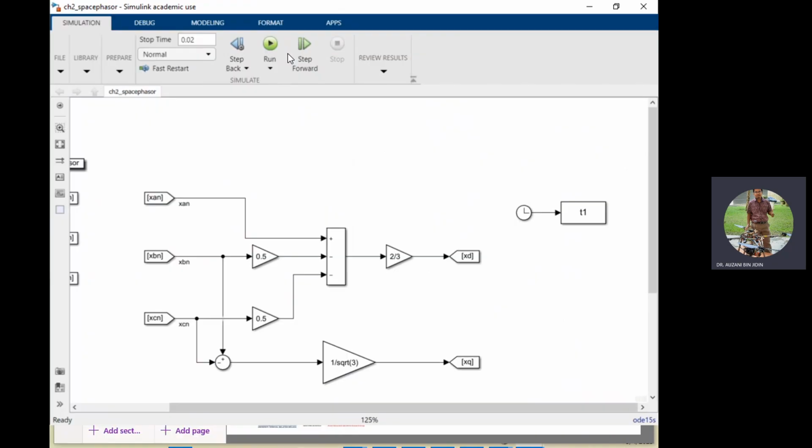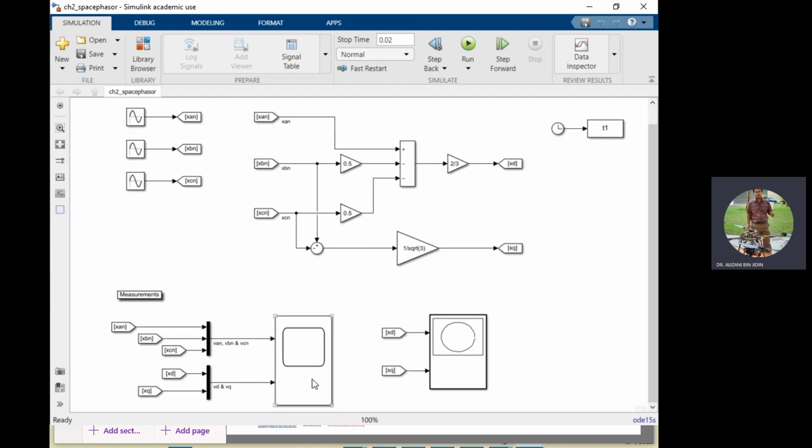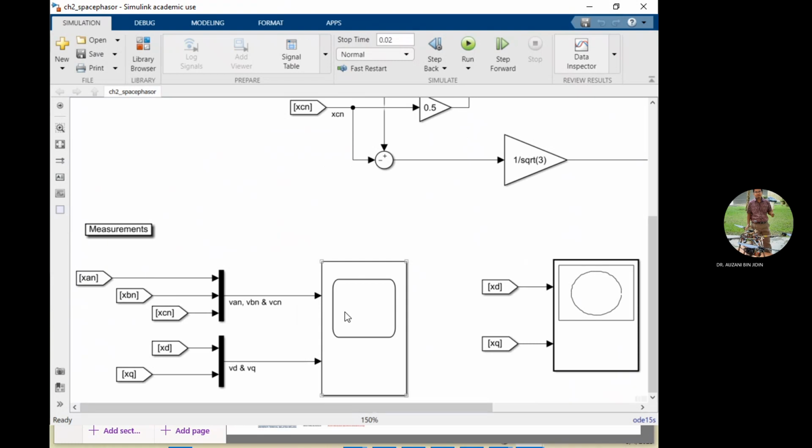Okay, so then you can plot the waveforms of the DQ voltage using this scope. Here I'm using the scope to plot the waveforms. This scope consists of two graphs. The first graph plots the phase voltages VAN, VBN, and VCN, and the second, bottom graph plots the waveforms of VD and VQ.